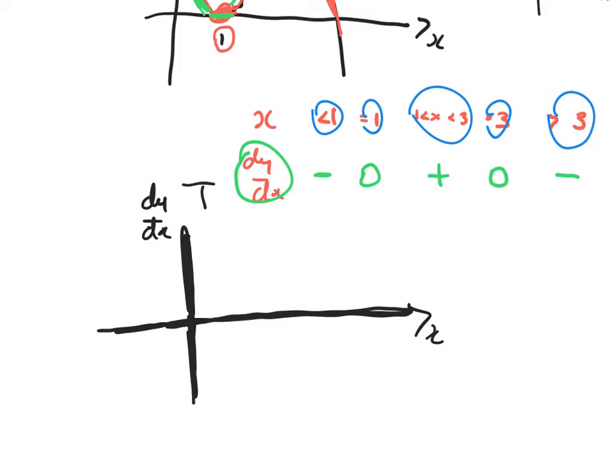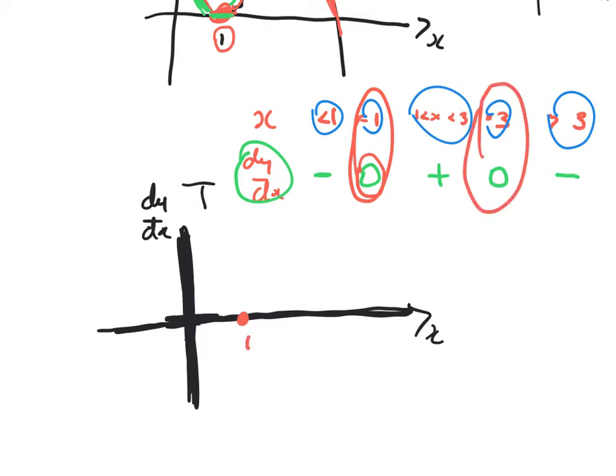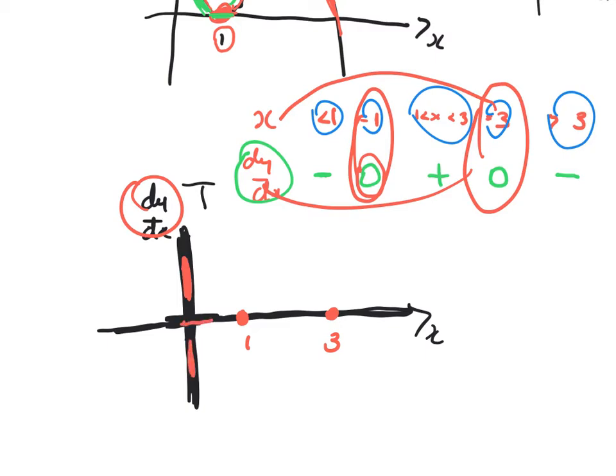That would be above 0 up here, below 0 down here, but 0 here. So 0 gradient first occurs when x equals 1. So let's put that in. Then 0 gradient occurs again when x equals 3. So the gradient then when x equals 1 and 3 would be 0. So it's not positive, which would be up here, or negative down here, it's 0.